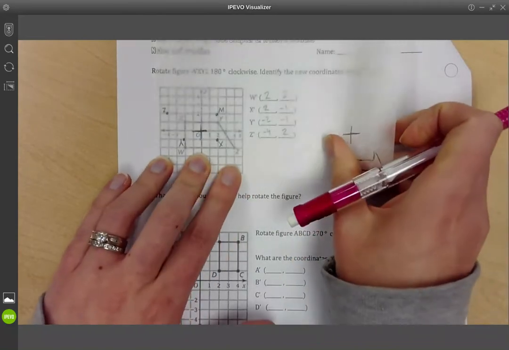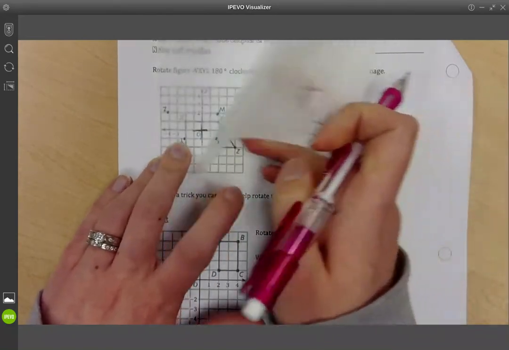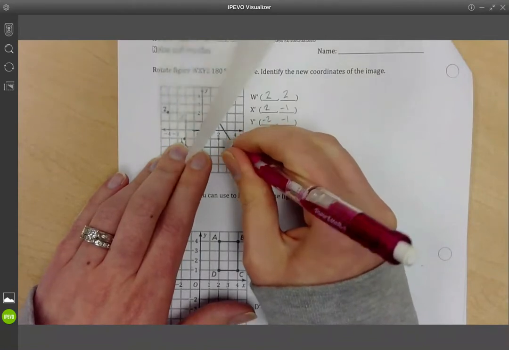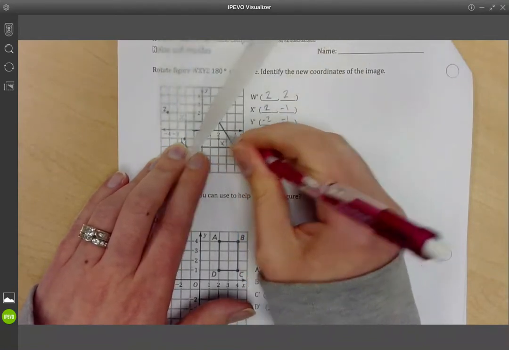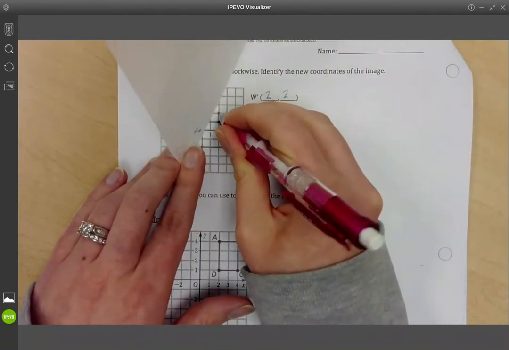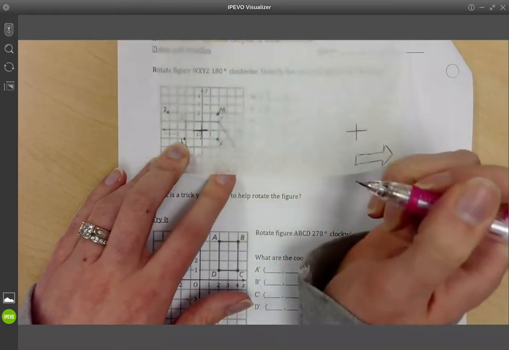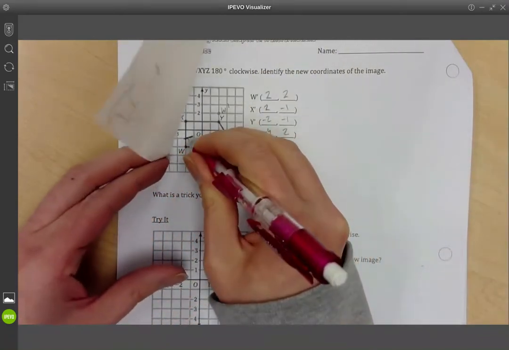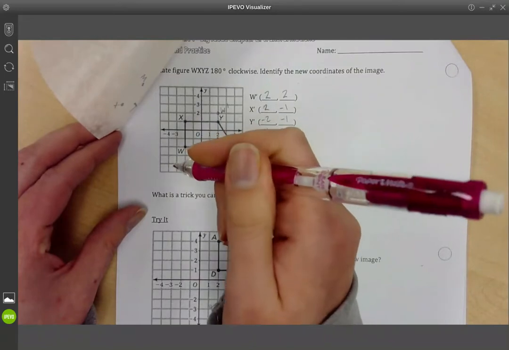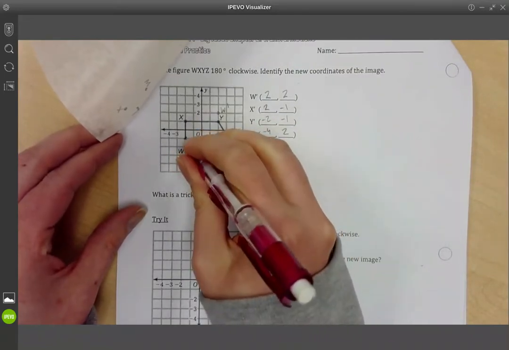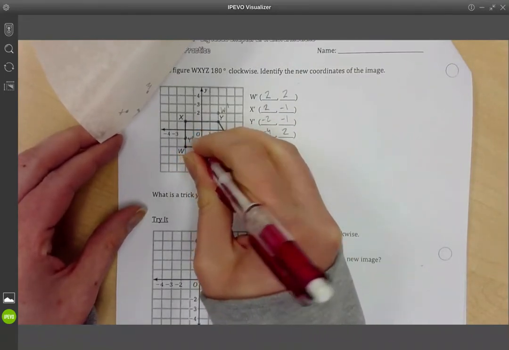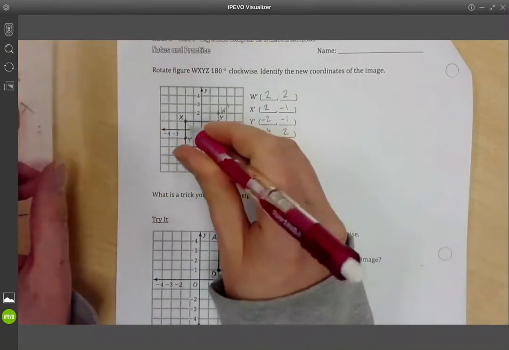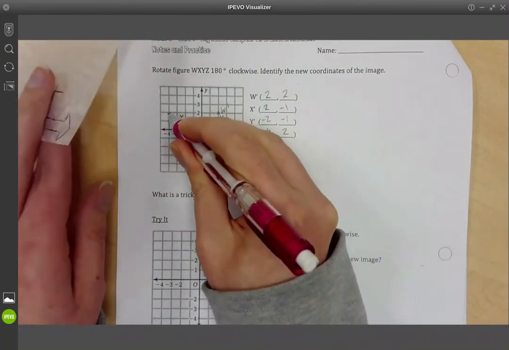So now that I know where these are supposed to go, I'm going to graph it. Here's X prime. Here's W prime. Y prime. Oh, my lead broke. And Z prime was over there at 4, 2.